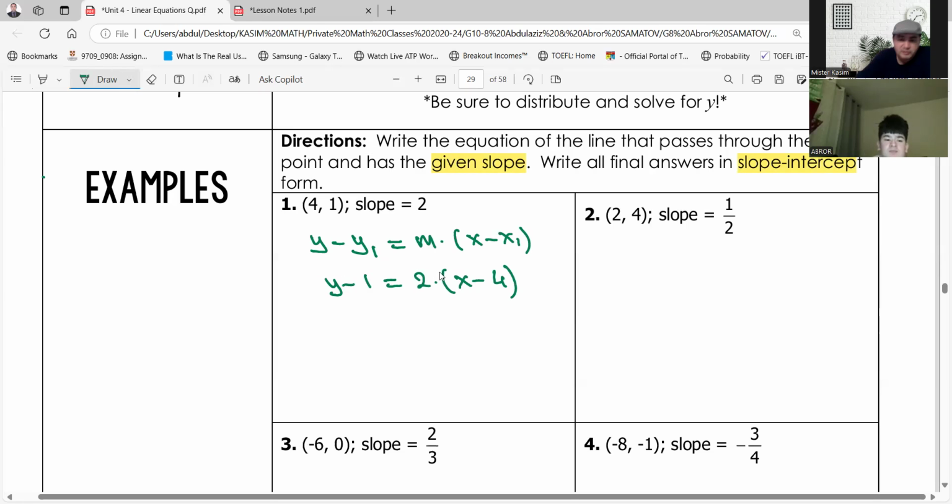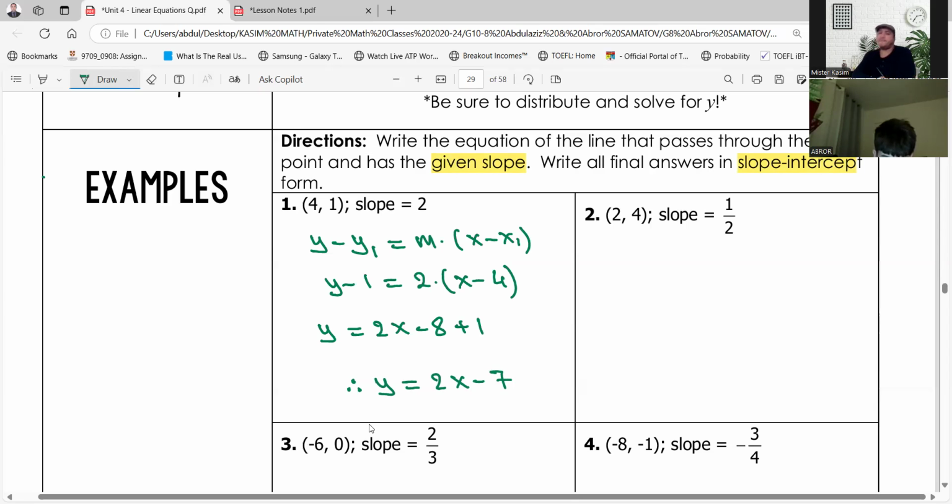Now I will distribute on the right-hand side and move -1 to the right-hand side. So we'll have y is equal to 2x, 2 times -4, -8. Move -1 to the right-hand side, it is +1. So the answer would be y is equal to 2x minus 7.